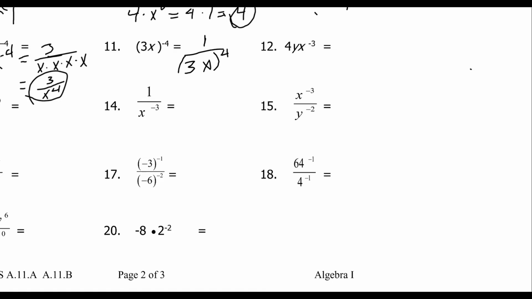So what we can do now is 3 raised to the fourth and x raised to the fourth. So that's going to be 1 over 81 x to the fourth.